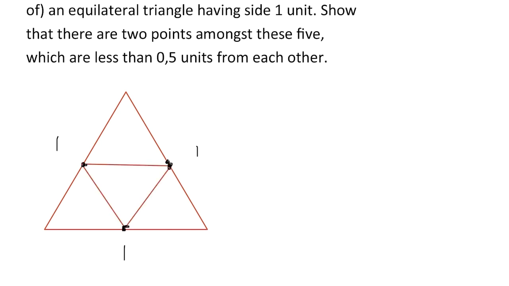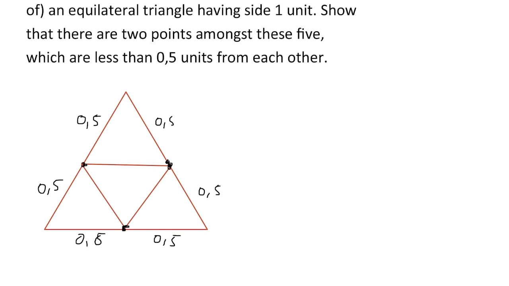So if I divide this triangle in this manner, that means that each side of all these smaller triangles will be a half, 0.5 units.